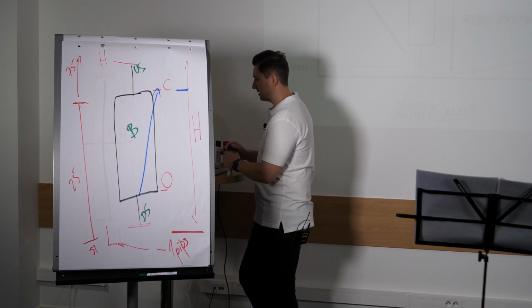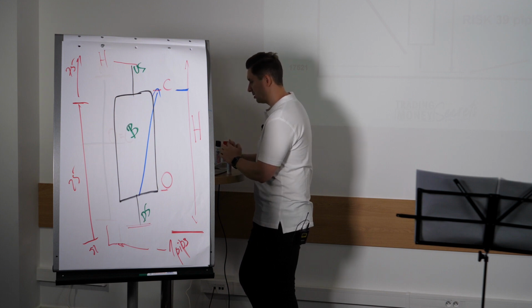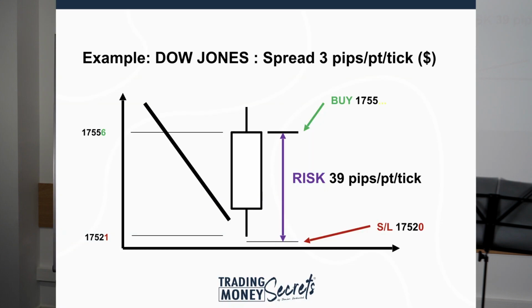And the next example is Dow Jones. Remember, the spread is 3, the close of the previous candle is 17556 plus 3 is 17559. Stop loss is at the level of 17520, 1 below low, because your low was at the level 17521, and your risk is 39 pips.